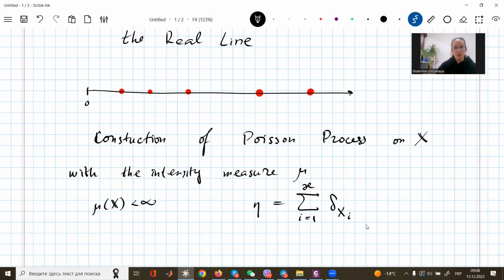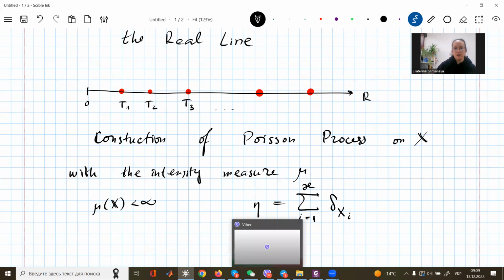But today we will consider it on a half line, and the main difference of a half line from other spaces is that we have order between points, so we can consider them in an increasing way and enumerate them.